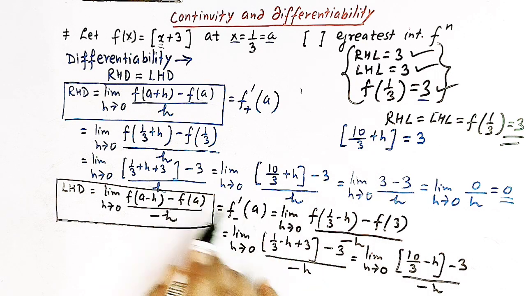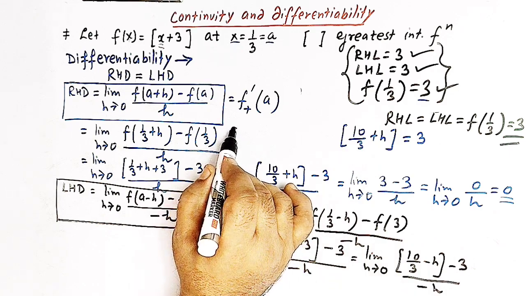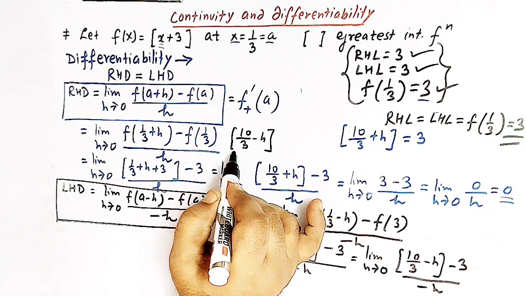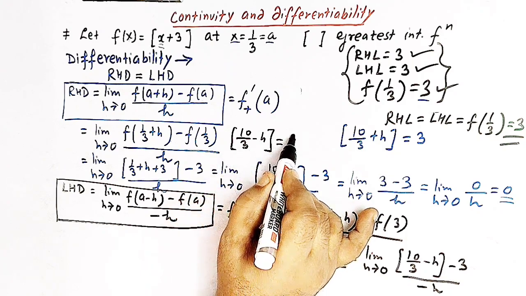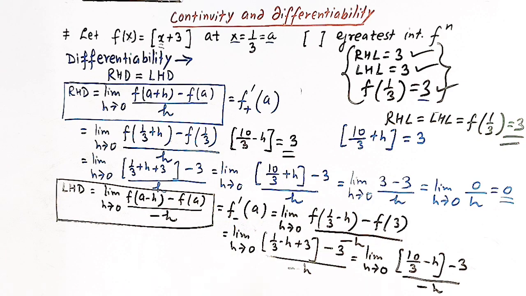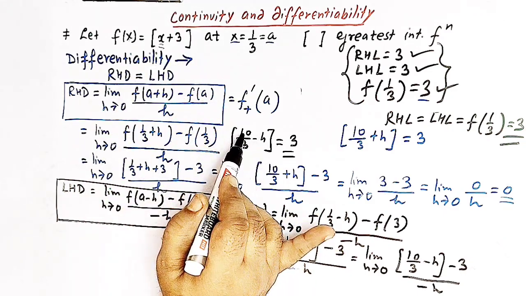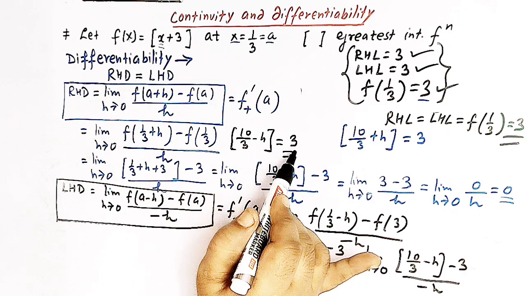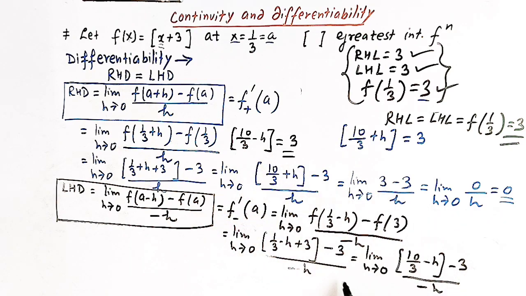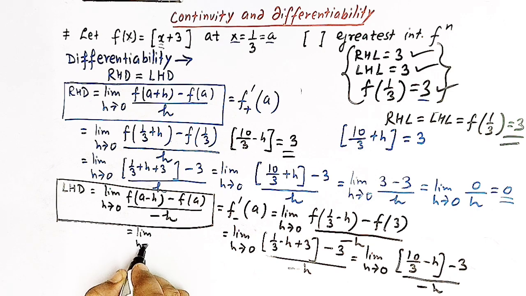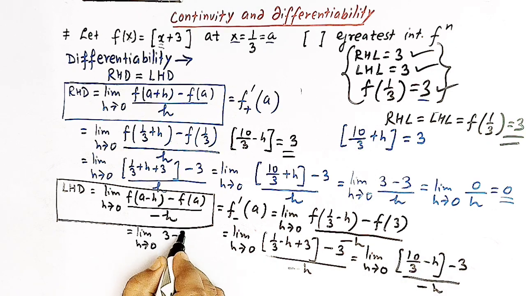We have seen that the value of greatest integer of 10 over 3 minus h is equal to 3, right? While proving the continuity, we have seen that the greatest integer of 10 over 3 minus h is equal to 3. So now we can write limit h tends to 0, and this is 3 minus 3 over minus h.